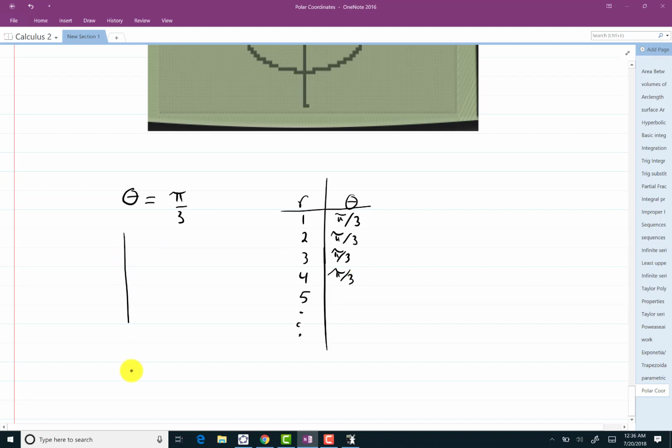Well, since the calculator won't do this one, you will get a line through the origin at an angle of pi over 3. So this is like a degenerate case. This is like the vertical line in the Cartesian world. So bear that in mind. Your calculator won't be able to do something like that.